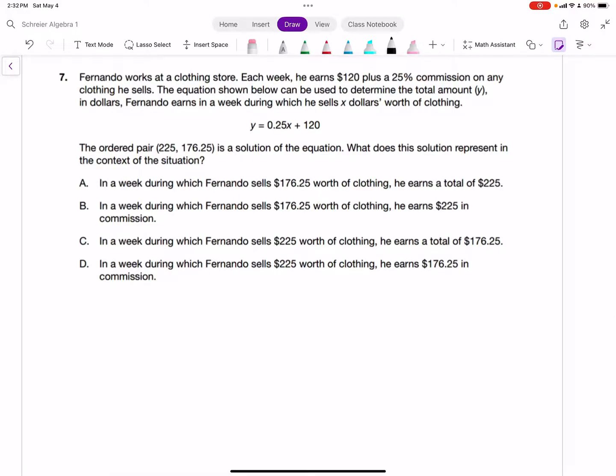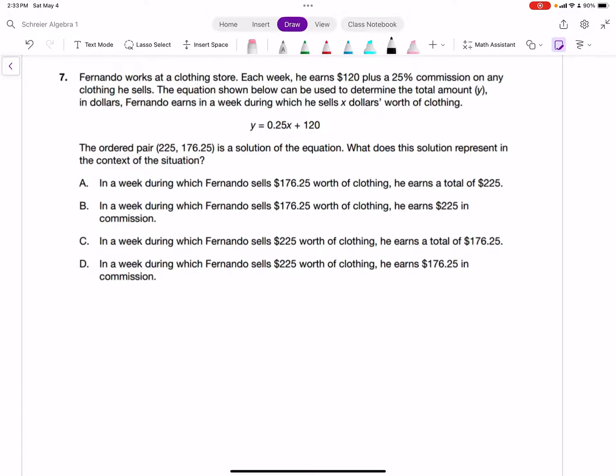So in example number 7, we have Fernando, and he works at a clothing store. Each week he earns $120, and that's for doing nothing, that's just for showing up, plus 25% commission on any clothing he sells. The equation below can be used to determine the total amount, Y, in dollars, Fernando earns in a week during which he sells X dollars worth of clothing.